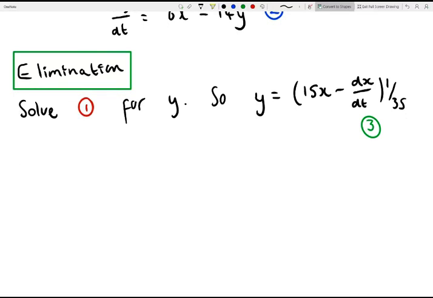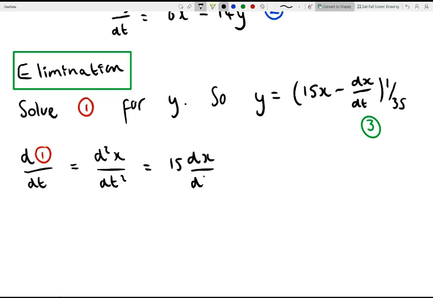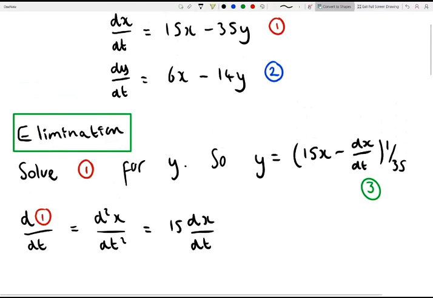Then if we go ahead and differentiate equation 1, so the derivative of equation 1, of course with respect to t, is the second derivative of x with respect to t equals 15 times dx by dt minus 35 dy by dt.